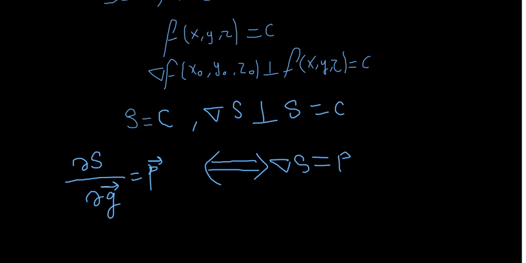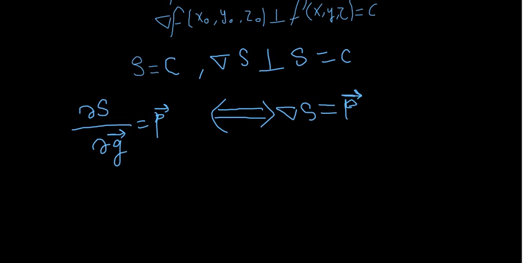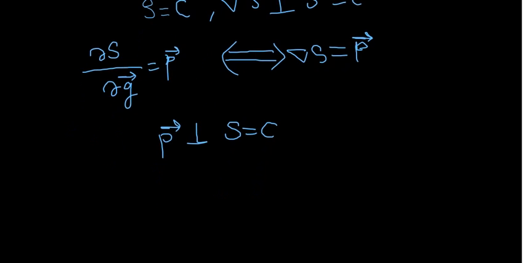That's really amazing. You're going to see the amazingness of this result in a moment. So this means p is normal to the surface of constant action. That's really huge. That's the observation.